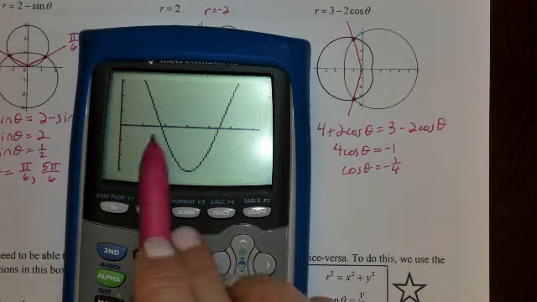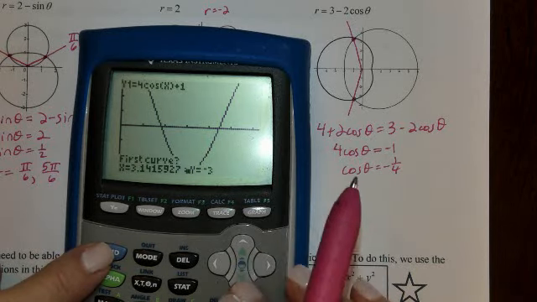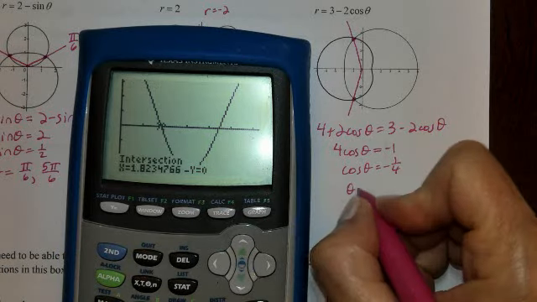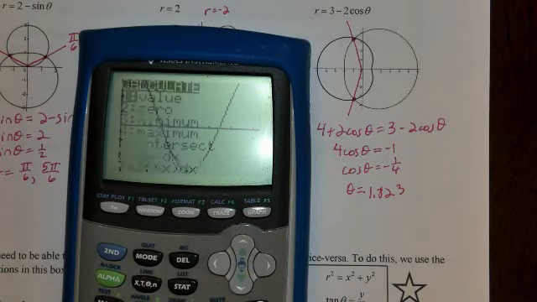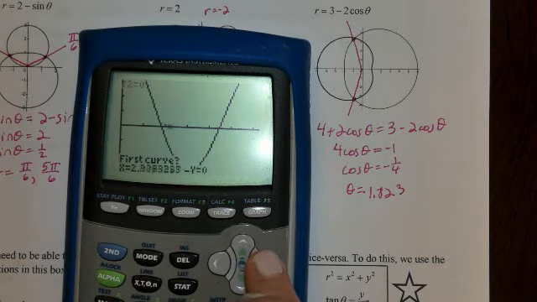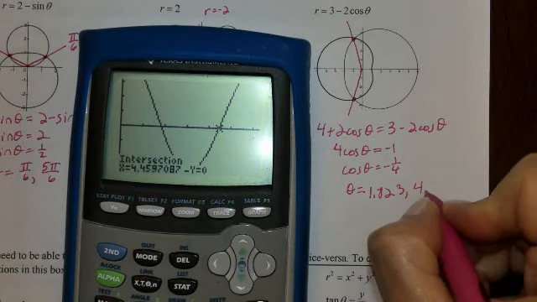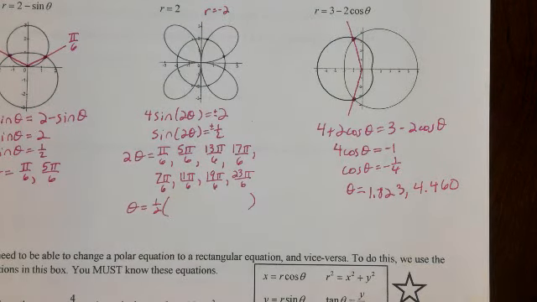There are my 2 theta intersections. Second calc 5. Enter, enter, enter. 1.823 and 4.460 if I round that. Okay.